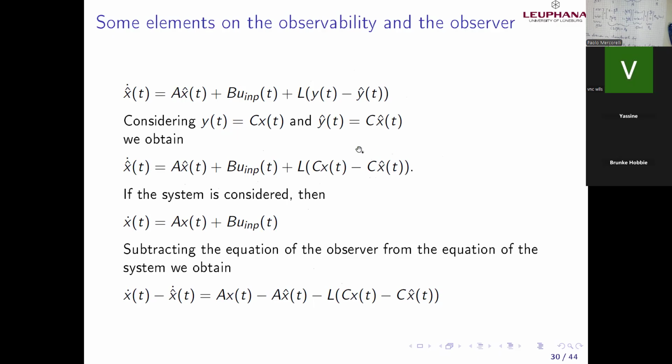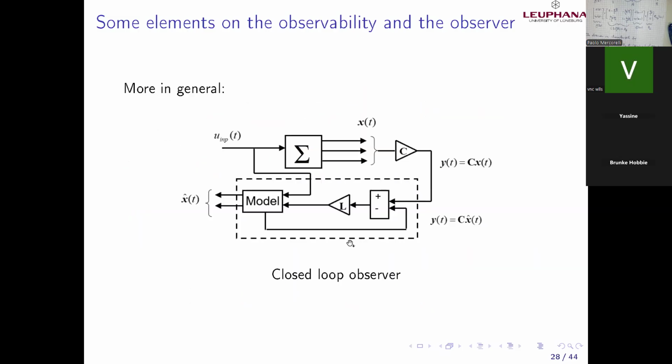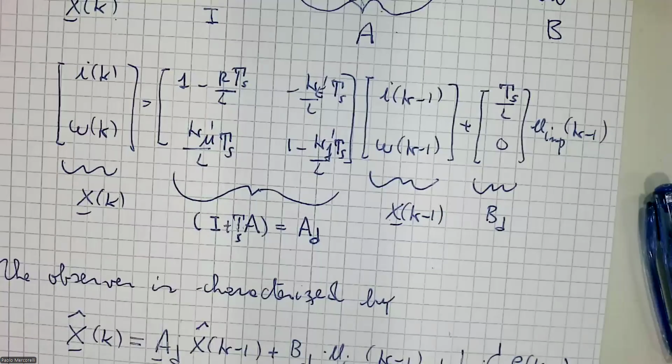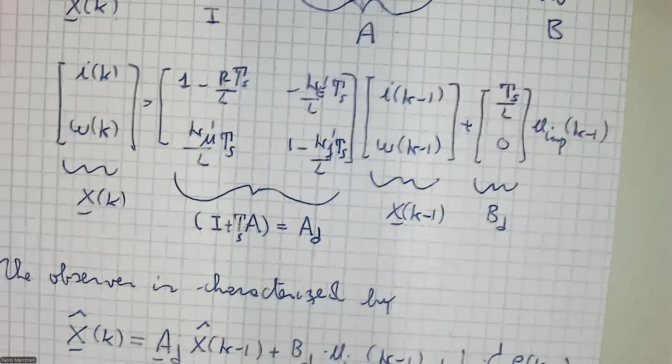And we can see here the feedback, because x hat appears here also. But if you want to see it graphically, it's exactly here. Basically, x hat is coming back. Roughly speaking, let me go ahead, then we can understand everything better.